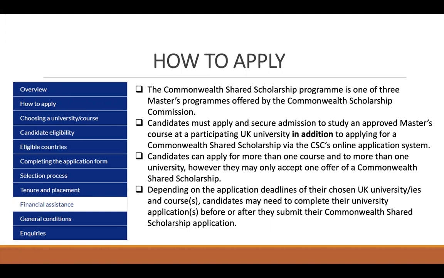All the universities have their own application period, so you have to make sure that you go through the university website of the school you want to apply to. You check the application period. Also, some schools have their own application requirements: aside from submitting an application on the Commonwealth website, you also have to submit a separate application to the school.